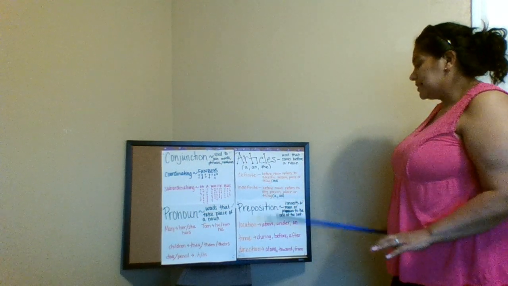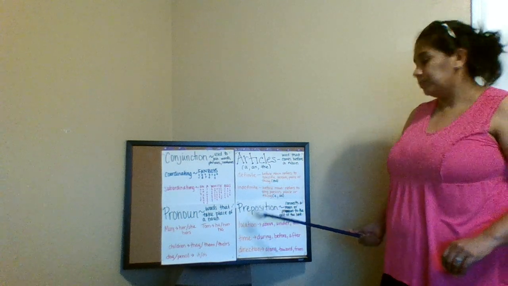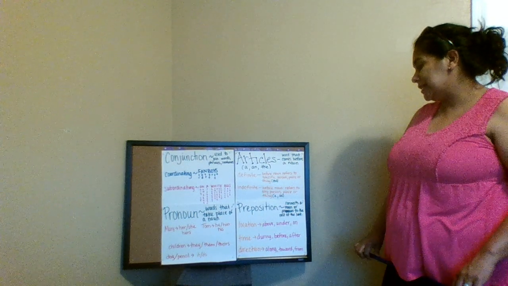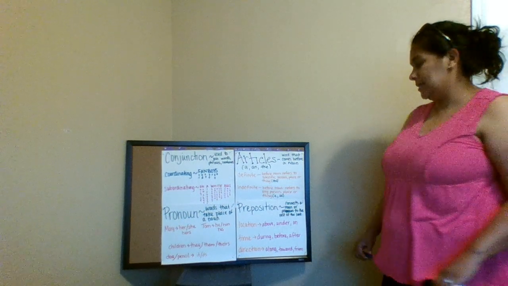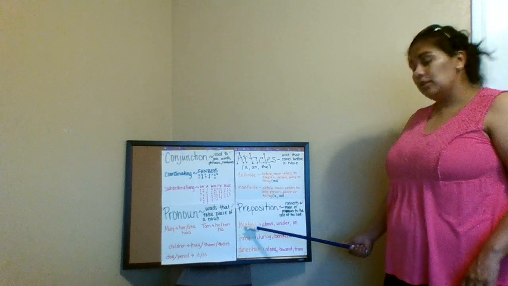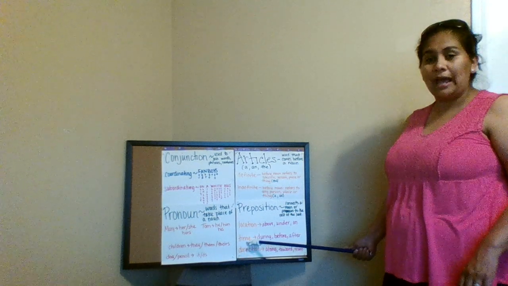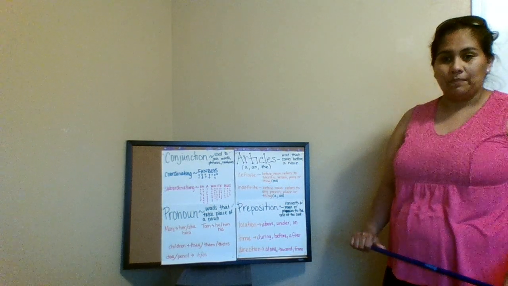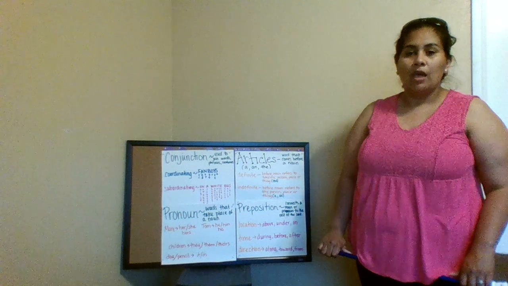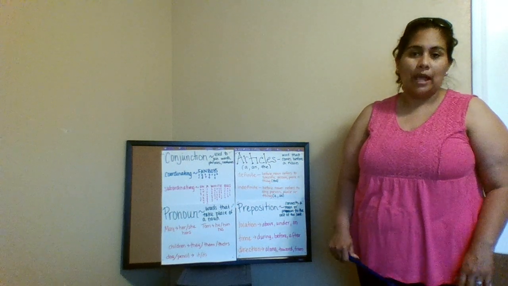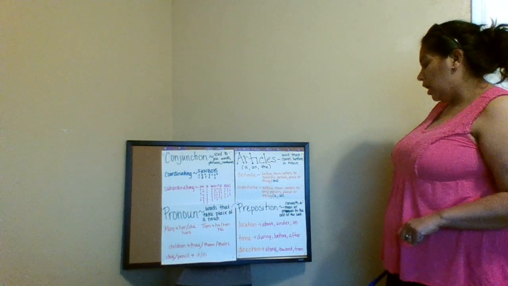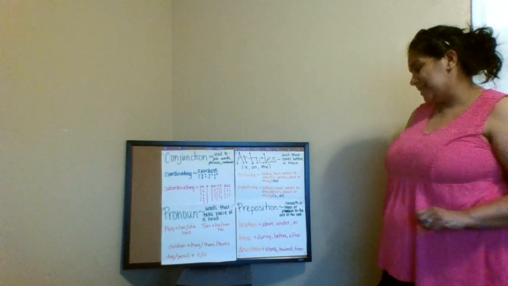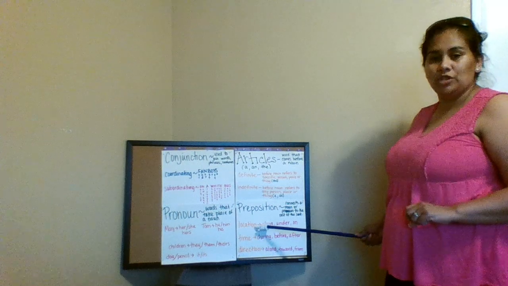The last one we're going to discuss is preposition. A preposition connects a noun or a pronoun to the rest of the sentence. Prepositions can tell you the location, time, or direction of something. For example, the flower is growing next to the tree. The word next to would be our preposition because it's telling us the location.